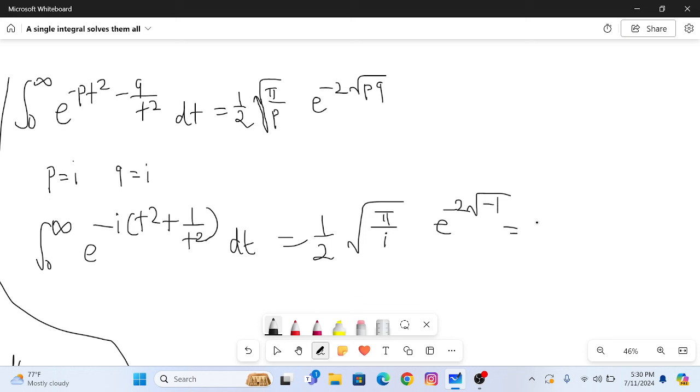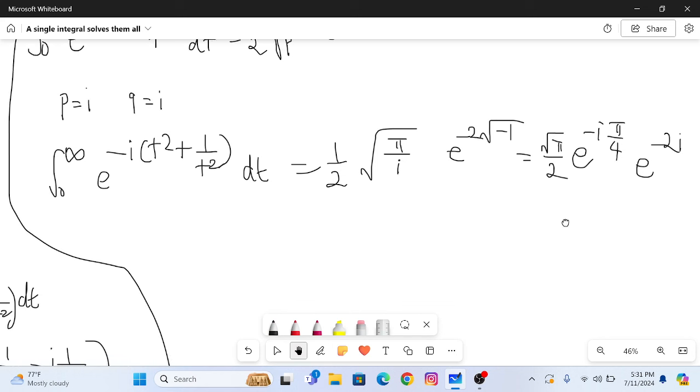Now this is just root pi by 2, and again i will be e to the power i pi by 2, square root is e to the power i pi by 4, and when it goes to the numerator, e to the power minus i pi by 4, and e to the power square root of minus 1 is i, so minus 2i.